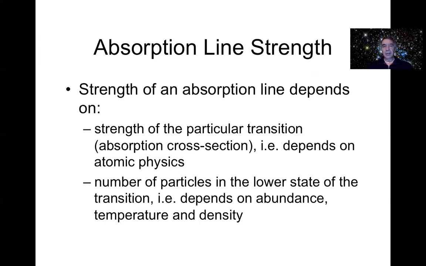So there's a couple of things here that we need to worry about. Well, only really one that we're going to worry about. So the first part of determining how strong an absorption line is really just depends on atomic physics. So obviously what we're talking about here is the interaction of a photon coming along and interacting with an electron, exciting it.